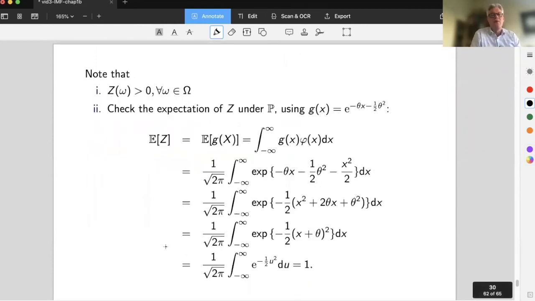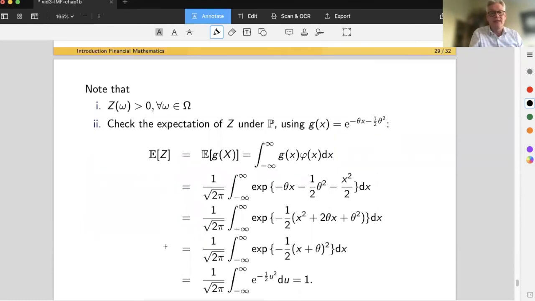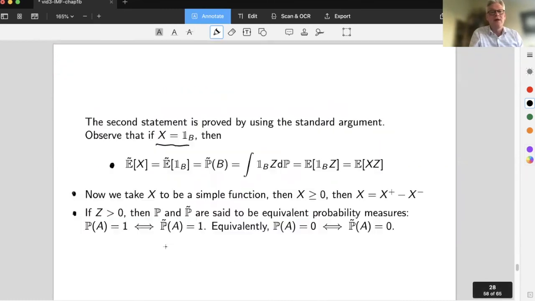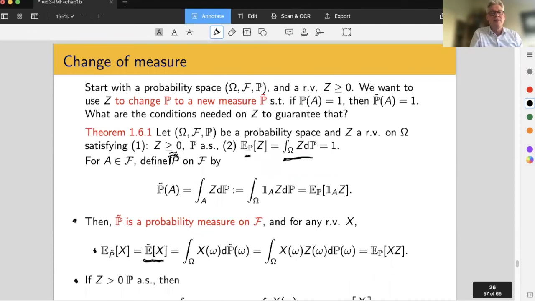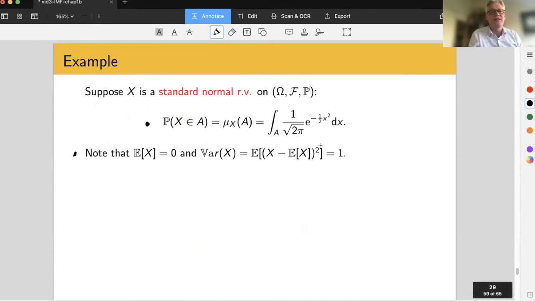First of all, we have to look at the properties of this Z, because we had some properties, let's see, where are our properties? Here we had our properties. Z should be larger or equal to 0, and the expected value under measure P of Z should be equal to 1. So let's see if these properties are satisfied.